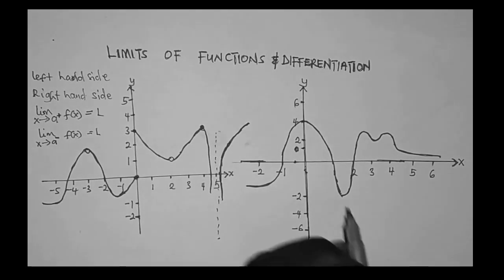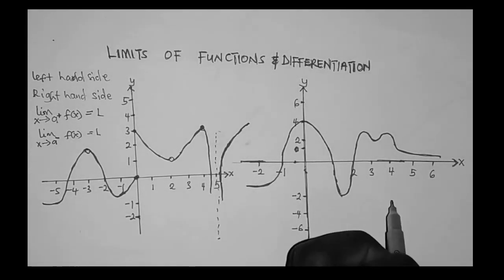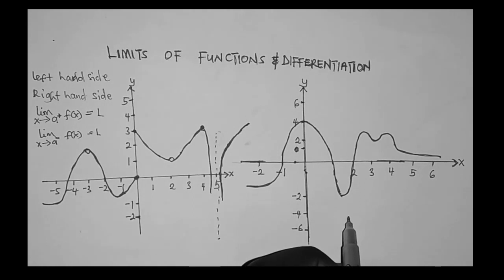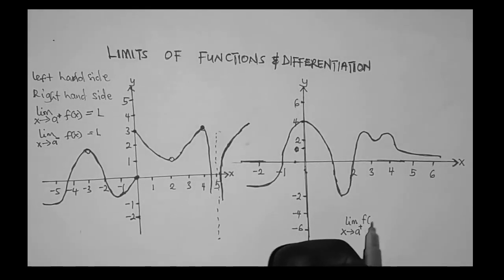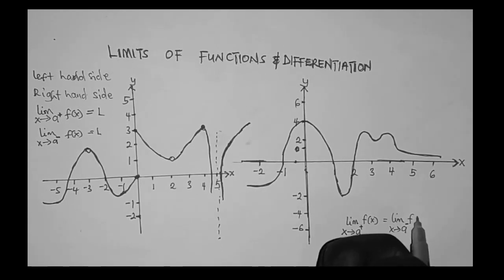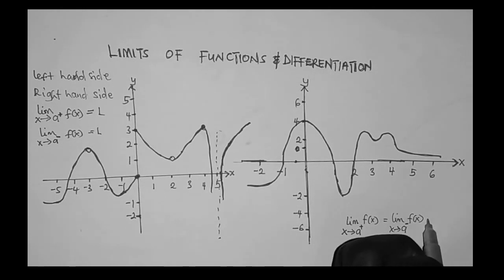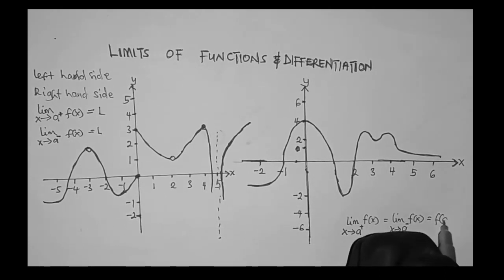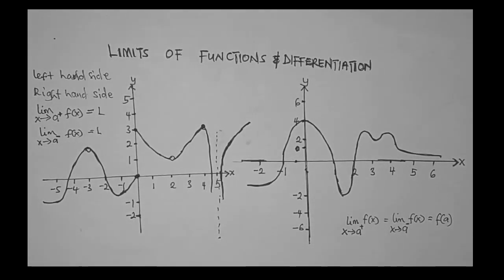So for example, let me write it here. If the limit as x approaches a from the right hand side of f(x) is equal to the limit as x approaches a from the left hand side of f(x), and this is equal to f(a), then we say that this limit has occurred.